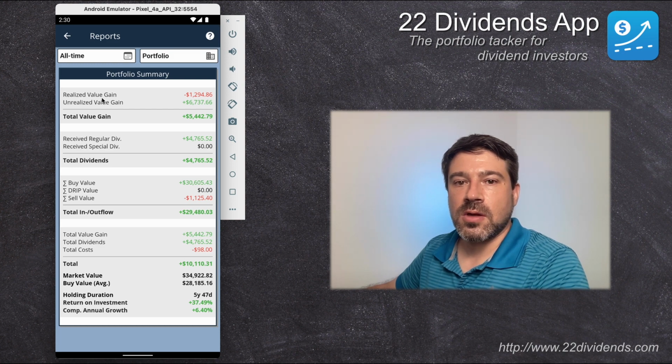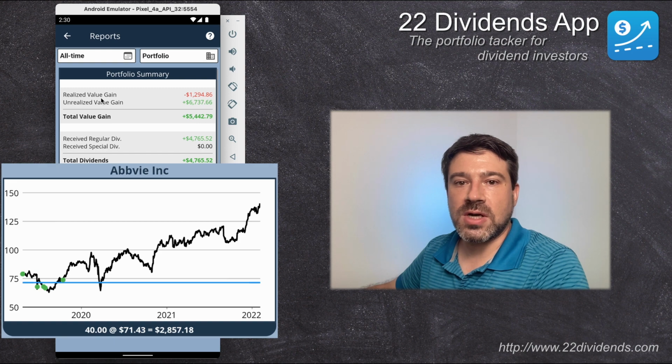In the position view of the 22 Dividends app, you have this chart with the blue line. The blue line represents your average price per share that you paid for the shares in your position.